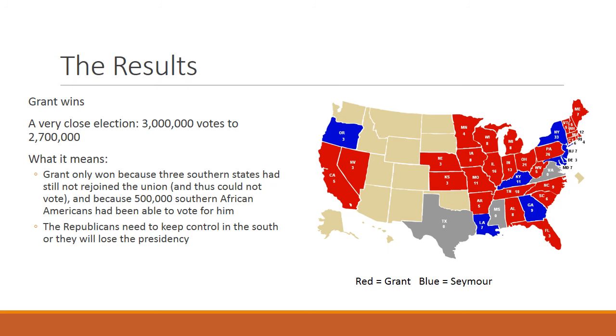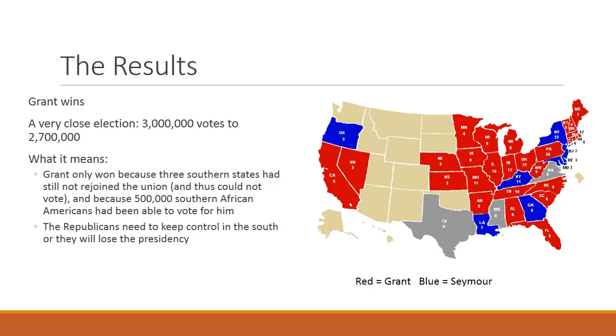These numbers tell us that Grant was only able to win because 3 southern states who probably would have voted Democrat were not yet allowed back into the Union, so they were excluded, and also because 500,000 Southern African Americans were allowed to vote this time, and they mostly voted for Grant.